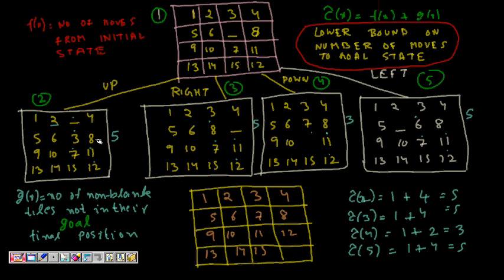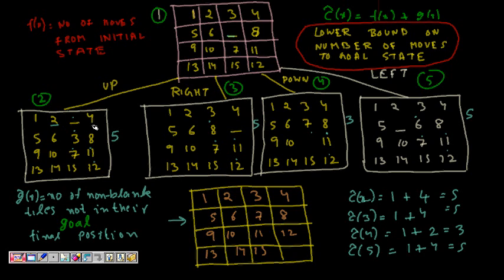So depth first search is usually not a good way of searching. The better method is best first search. Here my goal is to go from this state to the final goal state, and I want to find the minimum number of moves. So I would like to estimate the cost of moving.